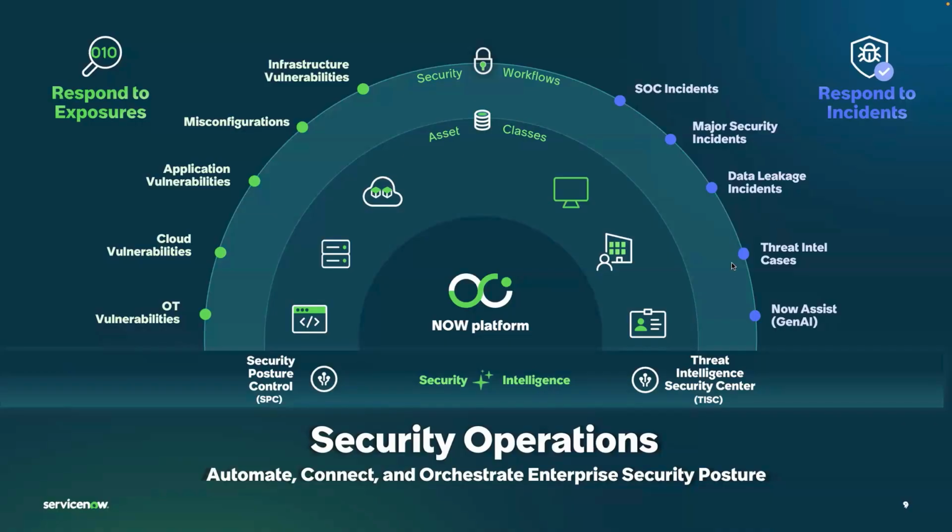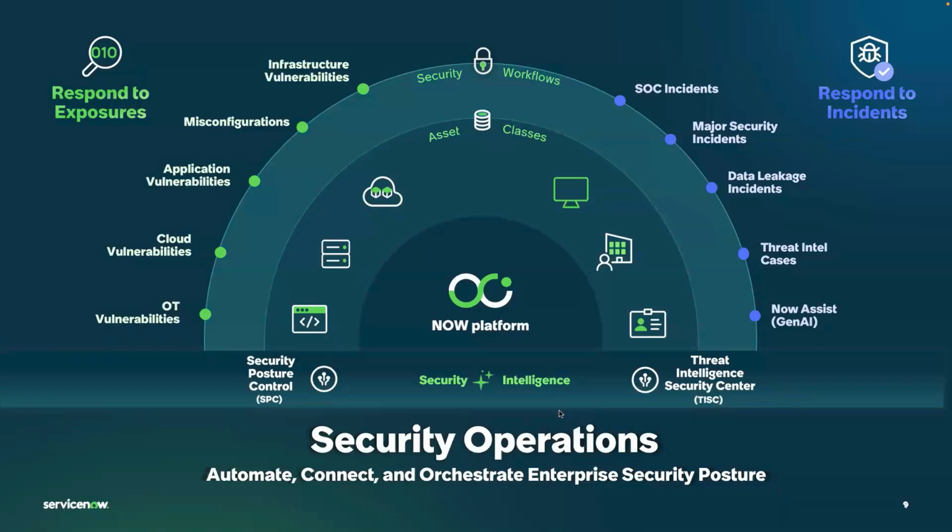And then we also have a newer offering called Threat Intelligence Security Center. So as you may know, we do have threat intelligence integrated throughout security incident response, but with Threat Intelligence Security Center, this is really a purpose-built solution for those cyber threat teams to workflow the intelligence that they have coming in and create cases for threat hunting and things like that.